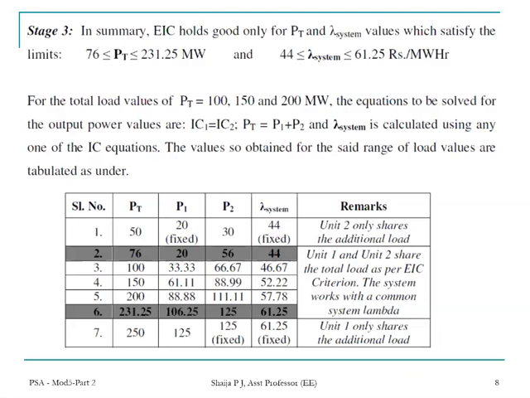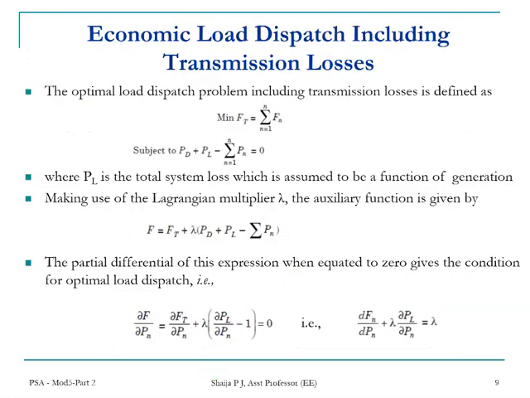Now we will move on to the discussion with the transmission line losses also being taken into account. So far we have done it with the optimization problem: minimize F_T subject to a constraint of PD equal to sigma Pi or sigma Pn.